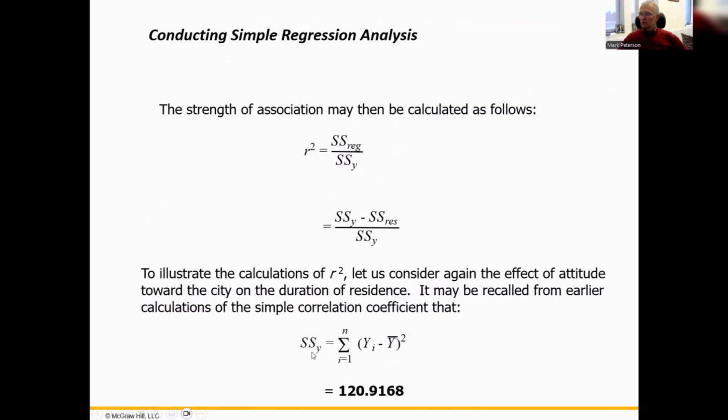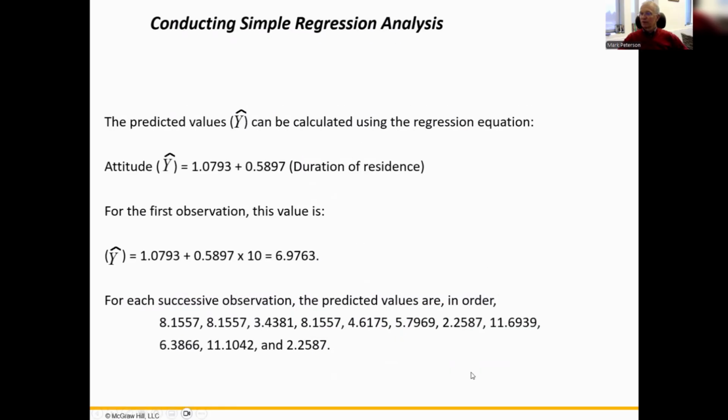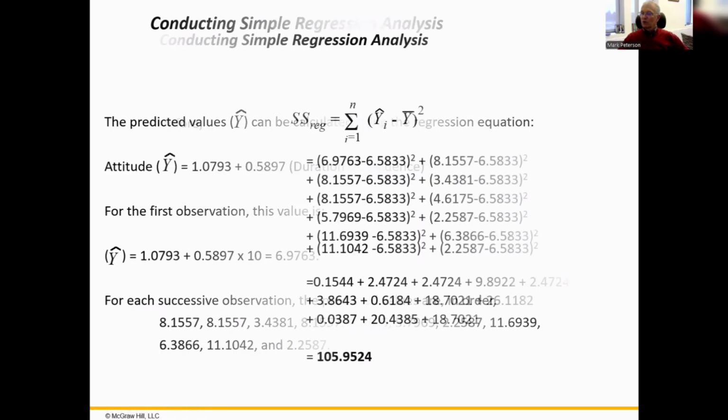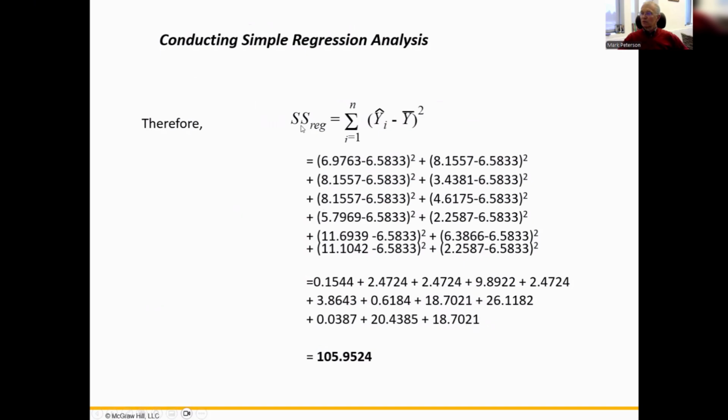And here we go, sum of squares y is the summated term of each of the y terms for our respondents, subtracting the y bar or average for y and squaring that. And then we're going to sum all those up to 120.91. So that's our sum of squares y. So we are going to now compute sum of squares regression, so between y bar and that regression line.